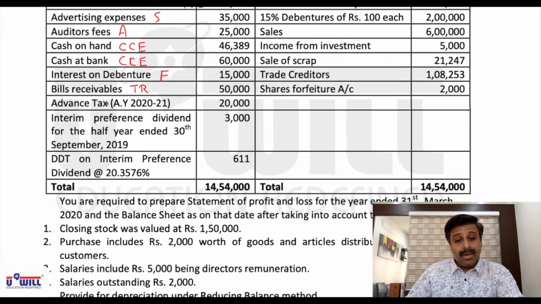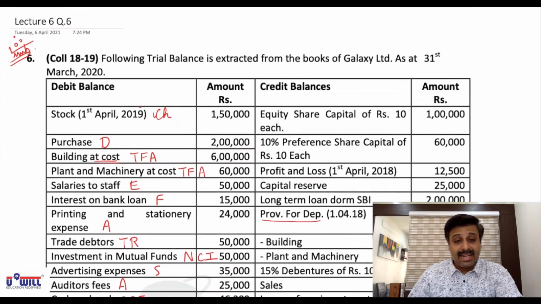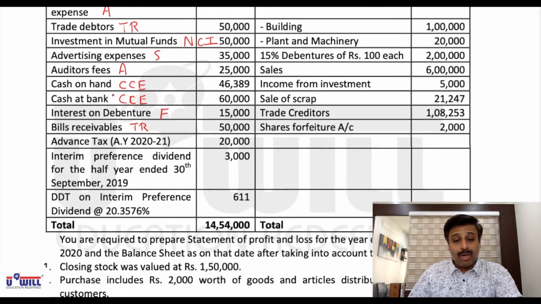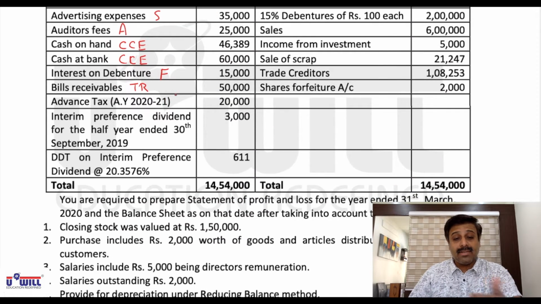Advance tax. Now, assessment year 2021 means previous year 2019-20, that is the current year. For the current year, we have paid tax in advance, which we are supposed to pay in the next year. So that will come in short-term loans and advances.